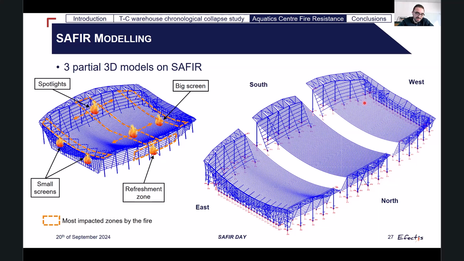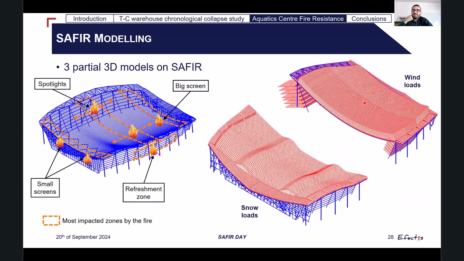We also carried out a sensitivity analysis on those connection stiffnesses. So that was a bit challenging also. And here you have some visualizations of the snow load or the wind load that were taken into account thanks to the trap lock beam command in SAFIR.